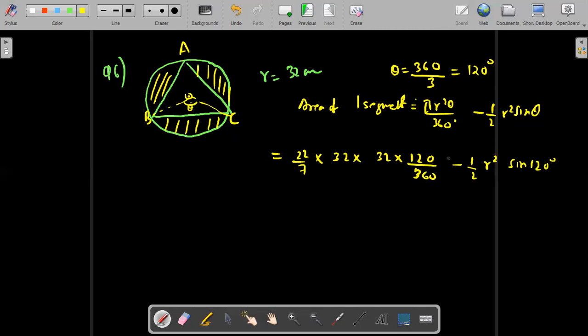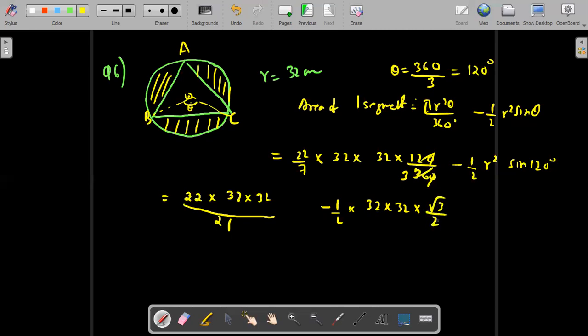Now here we can cancel off the zeros and 12 goes 3 times. So we are going to get 22 into 32 into 32 divided by 21 minus half into 32 into 32, and the value of sine 120, in my previous video I have explained, is sine 90 plus 30, that is cos 30, root 3 by 2. Please remember the value of sine 120, root 3 by 2.